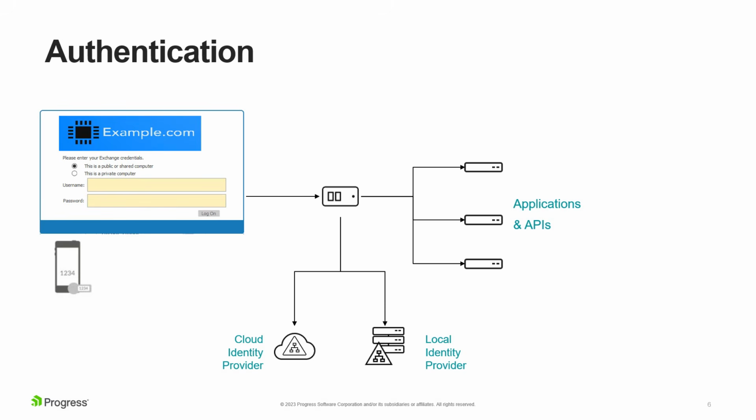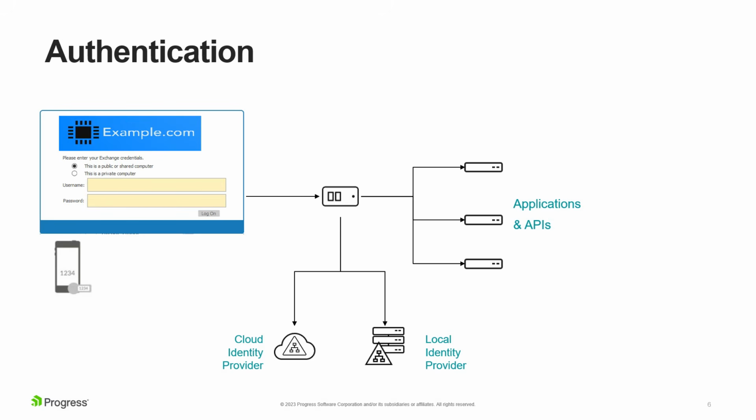LoadMaster can, in a cloud environment where you've got a multi-cloud environment, consolidate all your authentication to the LoadMaster platform, and again make it easy to use the same authentication across all your clouds.